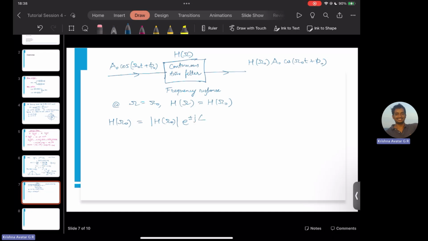I'll just call it plus minus j angle. So once you do this, you just substitute in the output signal, and it will have H of omega naught and e to the power this, right? So all it will do is change the phase. Let me call this angle angle of H of omega naught, since this angle will also be a function of omega naught, right? So t plus phi naught plus angle of H omega naught.